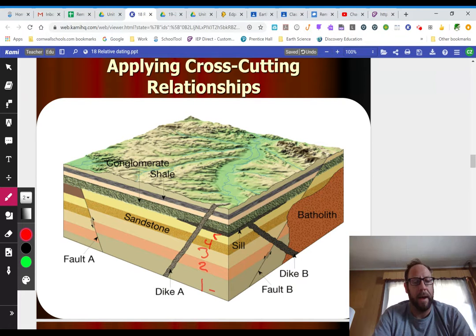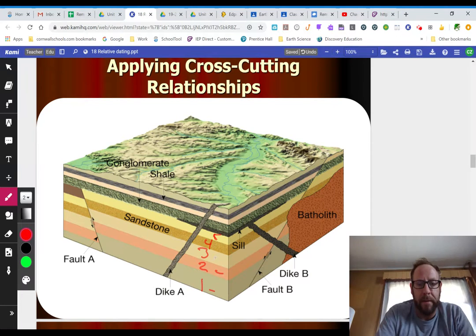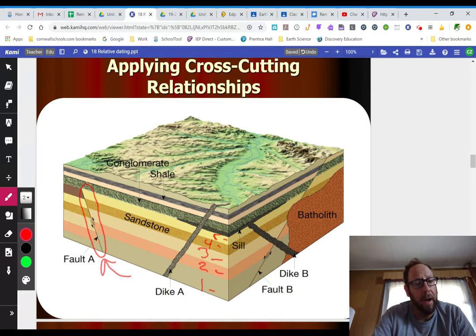That is superposition, and as you could tell, it was horizontal, original horizontality. Then came layer 2, then layer 3, then layer 4, then layer 5, and so on. But then came the fault A, because it cuts through layers 1, 2, 3, 4, and 5. Okay?